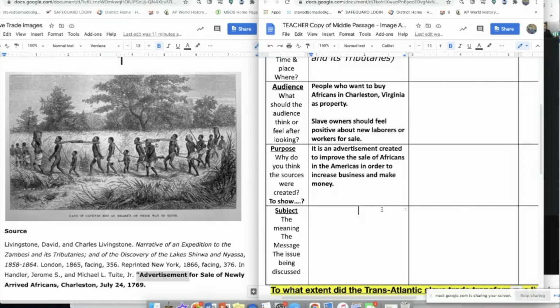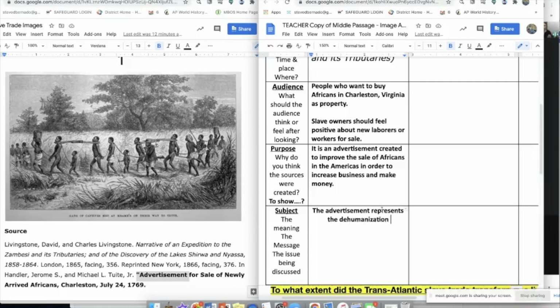So let's say this. The advertisement represents the dehumanization of Africans. Now we're using higher level vocabulary. To dehumanize, right? Less than human.